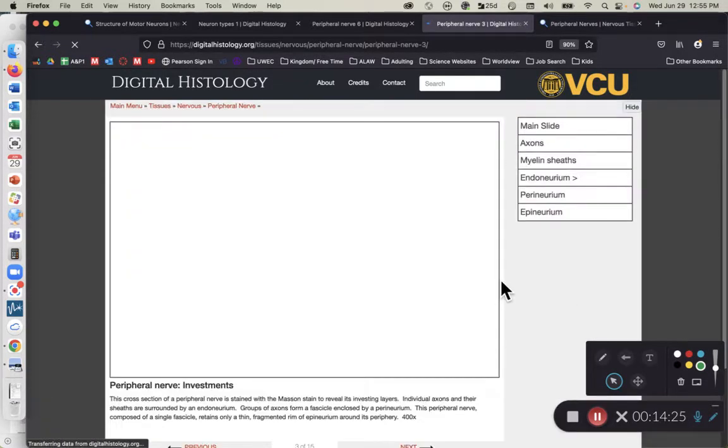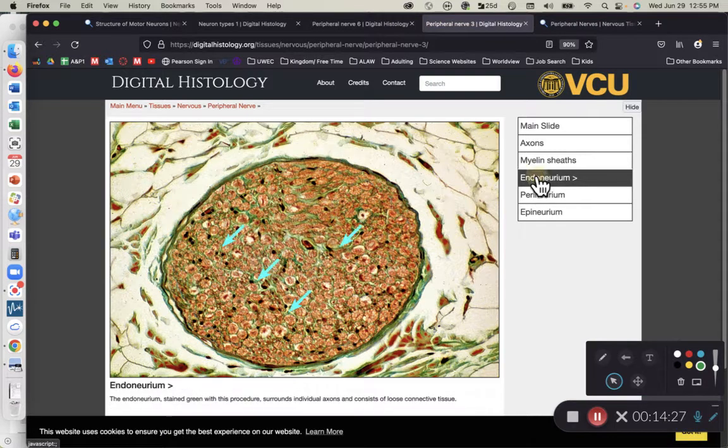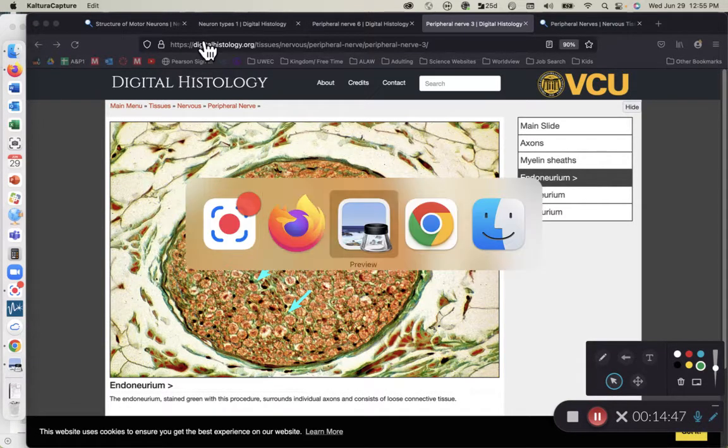I'm going to advance just a wee bit here, just so you can get another view of the endoneurium. In this particular slide, the endoneurium has been stained light green. This is a pretty special slide, and unfortunately I don't have any like this for my in-person teaching experiences. Anyways, back to our lab objective sheet.